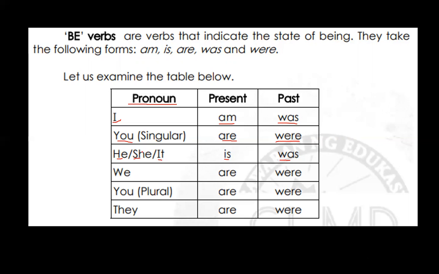If you are describing a boy, we use "he"; if you are describing a girl, we use "she"; and we use "it" if you are talking about objects or animals.